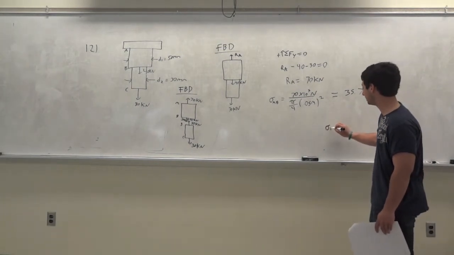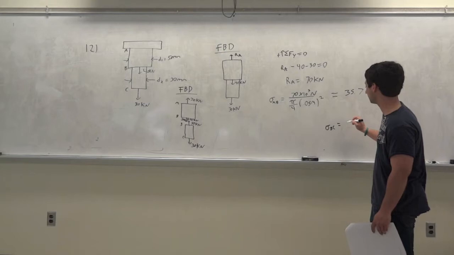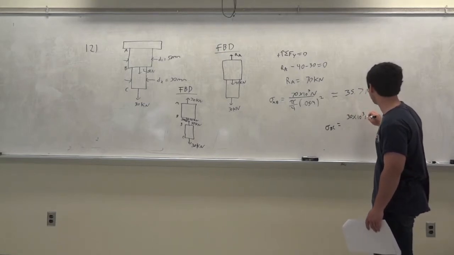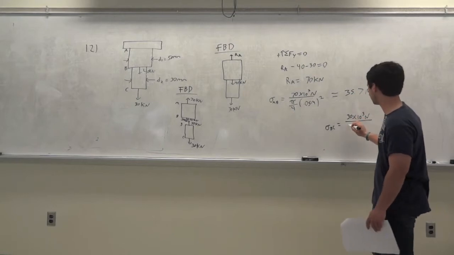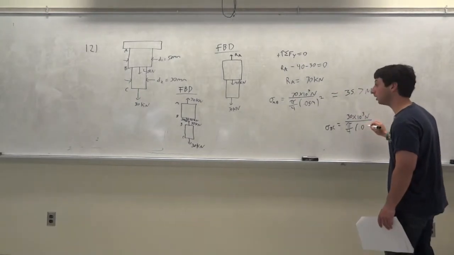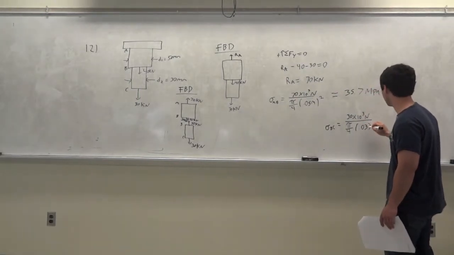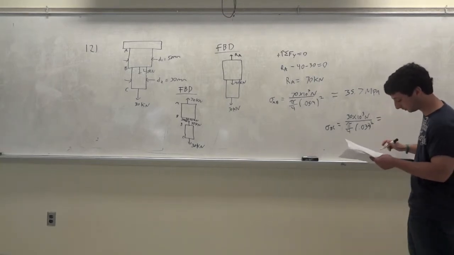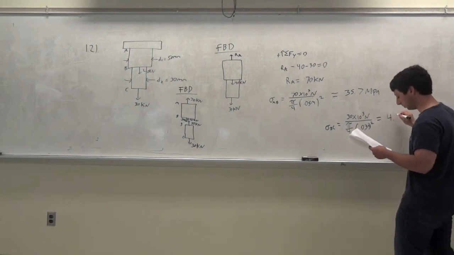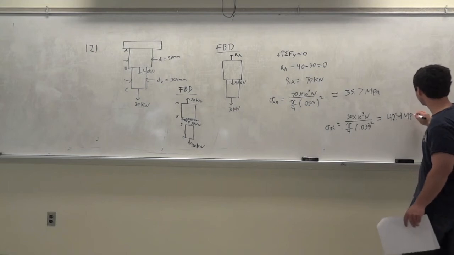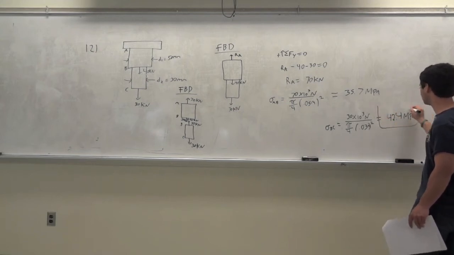So the stress in BC is the force, which is 30 kilonewtons, so 30 times 10 to the 3 newtons, all over the cross-sectional area, which is pi over 4 times D2 squared. D2 is 0.03 meters squared. Okay? So the stress is 42.4 MPa. So this is your solution for problem 1.